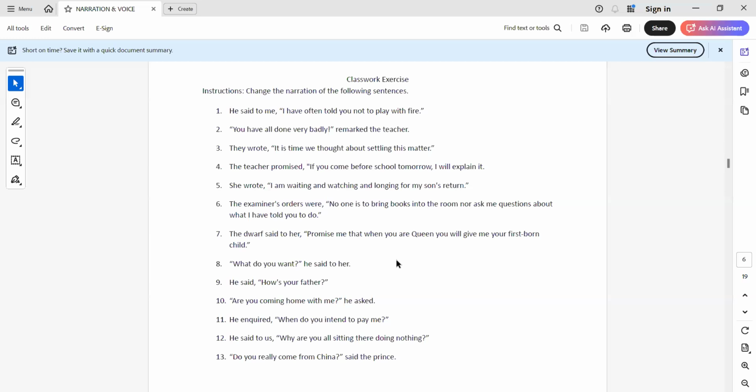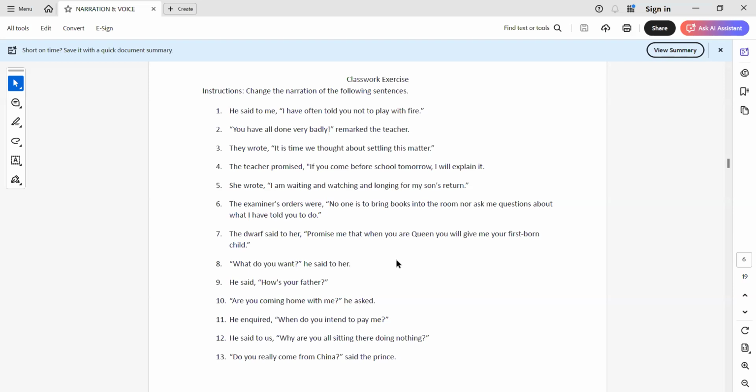So how will we use it in the indirect one? The correct sentence would be: he said to me that he had often told me not to play with fire. Yes.